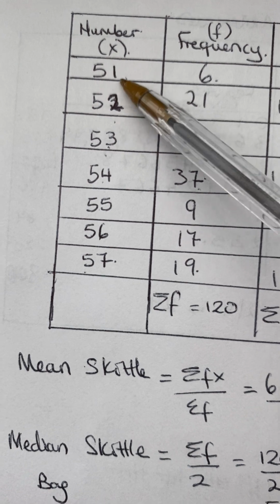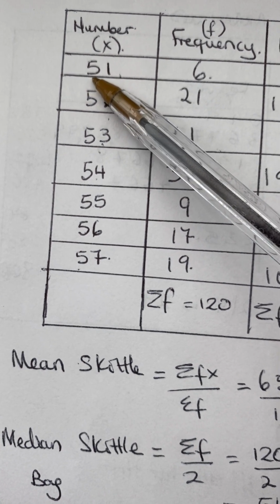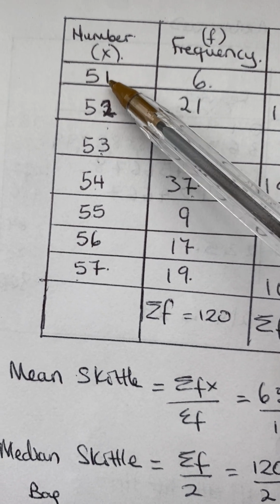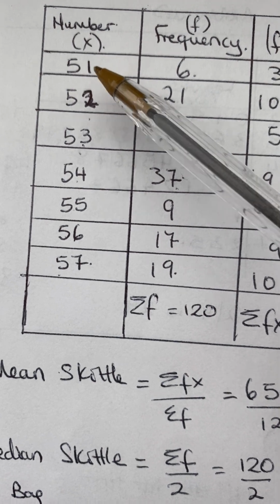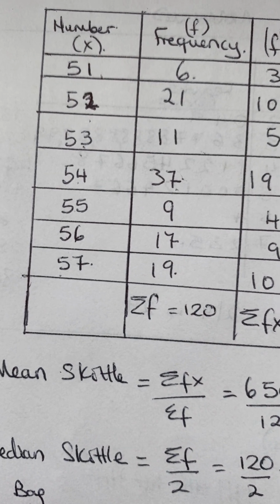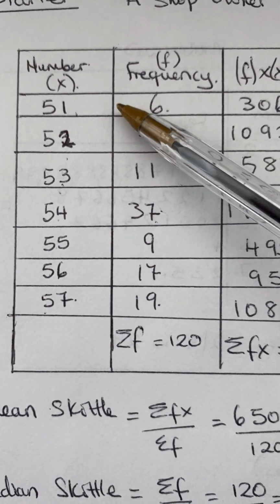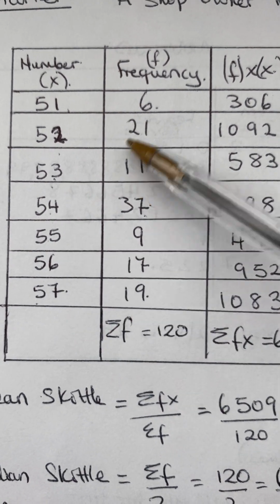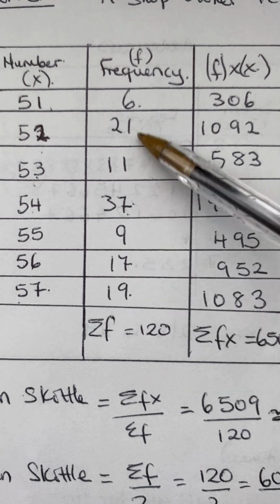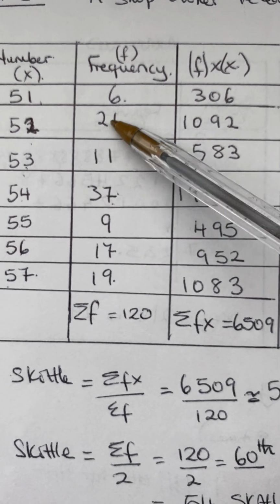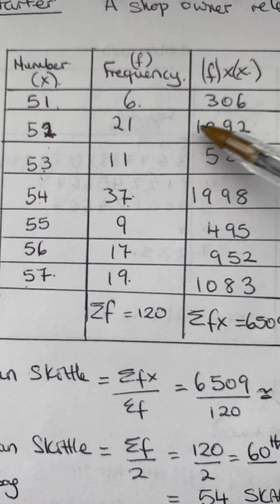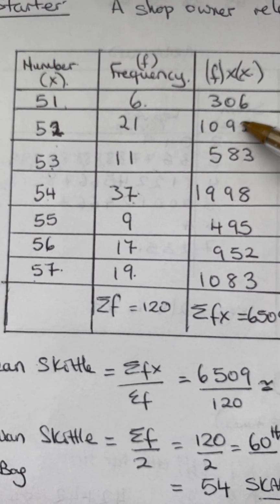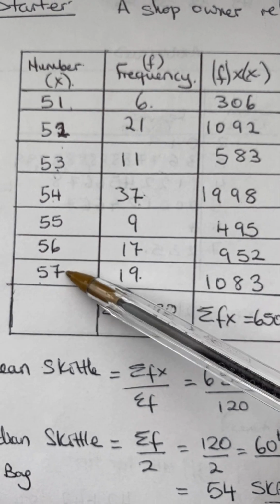The least is 51. Okay, here again, it's not grouped data. We can group them. And I hope in the foundation level, they will give you the table so that it will be easy. But maybe in a higher paper or in an additional maths paper, they might not give you this.